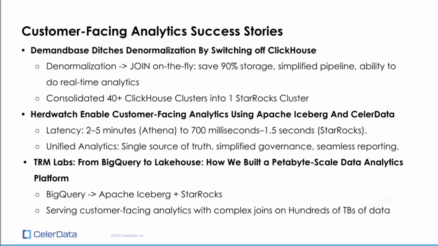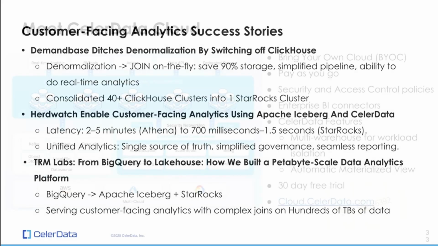And the last one, not least, is TRM Labs. They went from BigQuery to Apache Iceberg and StarRocks. They are serving customer-facing analytics, directly serving the end users with very complex joins and aggregations on hundreds of terabytes of data. So go check out these case studies.